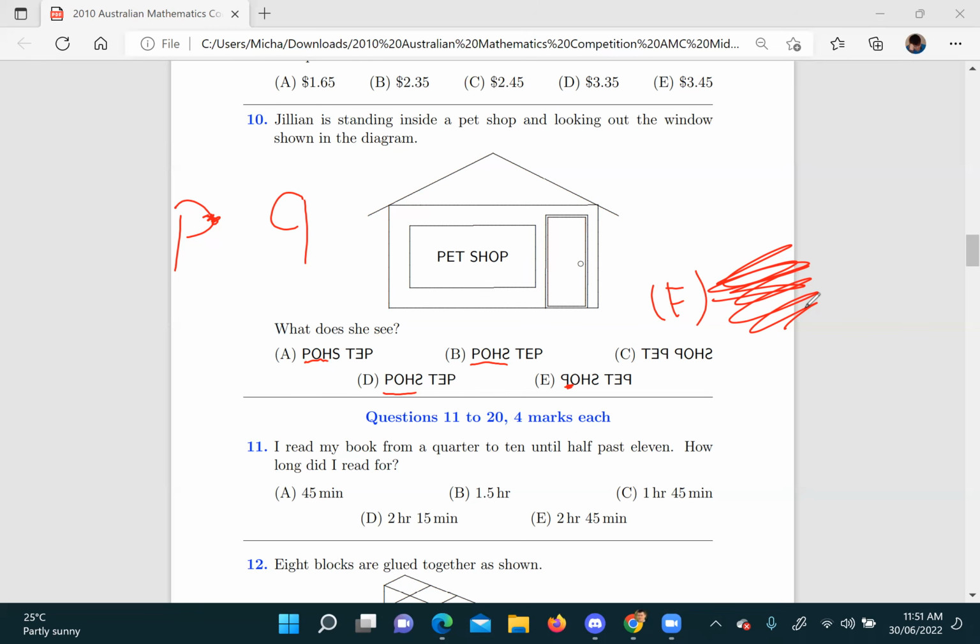Do you know how you can solve this by experiment? You write down on a piece of paper the word pet shop.